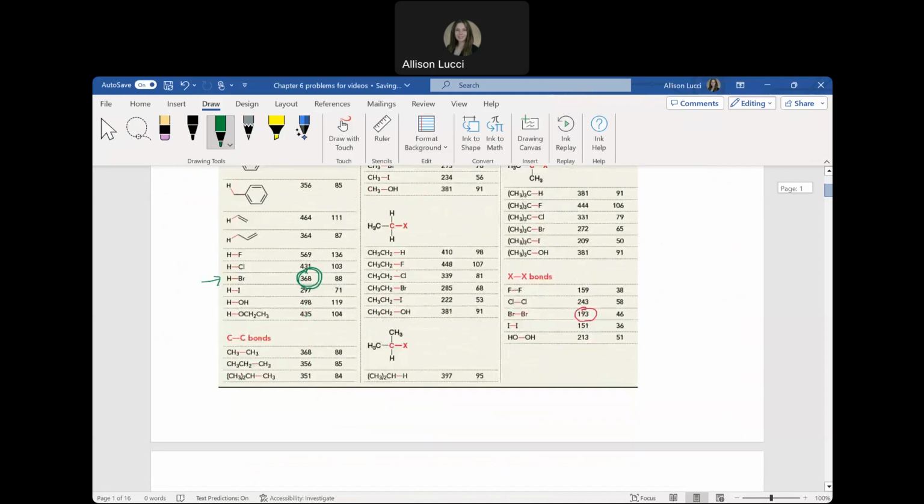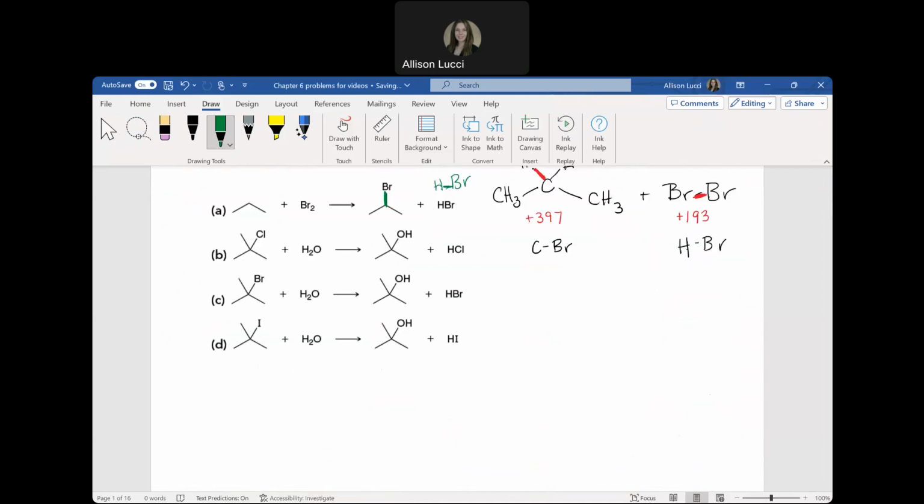All right, so let's go back and figure out what we're going to do with these numbers. So we know that this was negative 285, right? This is how much energy is released when that carbon-bromine bond forms. And then when our hydrogen-bromine bond forms, we're going to release 368. All right, so now the general form for this type of problem is that we add together 397 plus 193, and then we subtract the sum of 285 and 368.